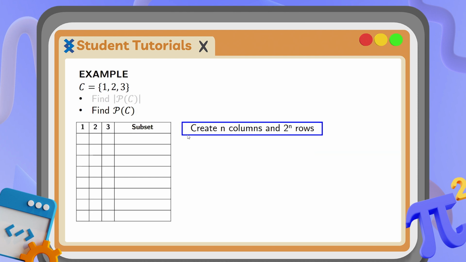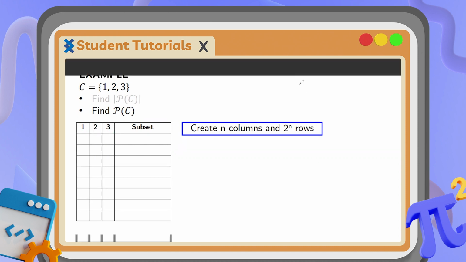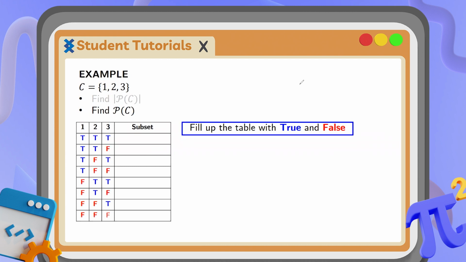We first create n columns and 2 raised to n rows. So that would pertain to these columns and then have 8 rows, which is 2 raised to 3. Fill up the table with true and false as how you did it with propositional logic in CCDSTRU, formatting it properly so that you don't get confused on finding the subsets later on.